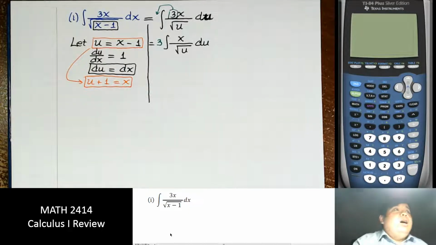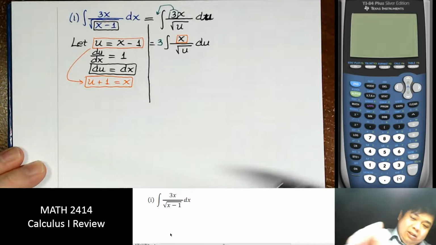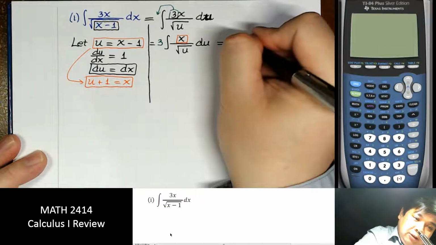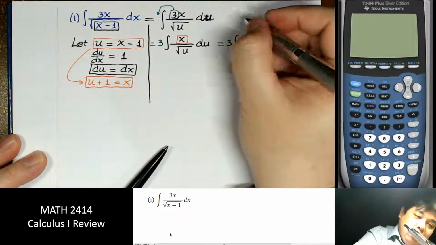So sometimes we have to solve for x as well, if there's something left, and it's something very easy to solve for. So we will substitute for this x. Instead of x, that's going to be u plus 1.